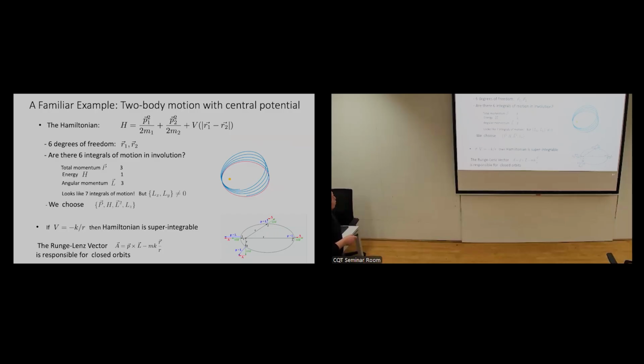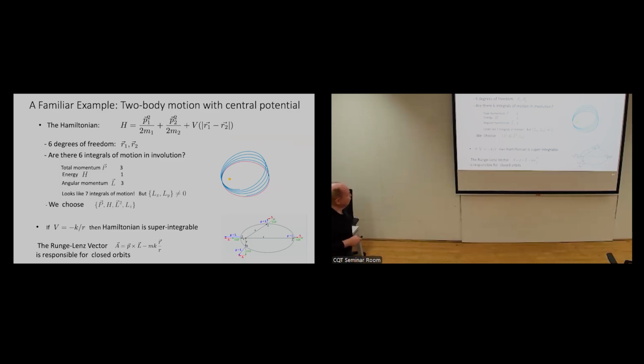So it looks like we have 7 conservation laws, which is beyond the number of degrees of freedom, but actually we cannot take the angular momentum's 3 components because they don't commute. So we typically take Lz and L squared, and then we have 6 integrals which govern the motion, as Newton has told us, of a system which will evolve around the center of mass.